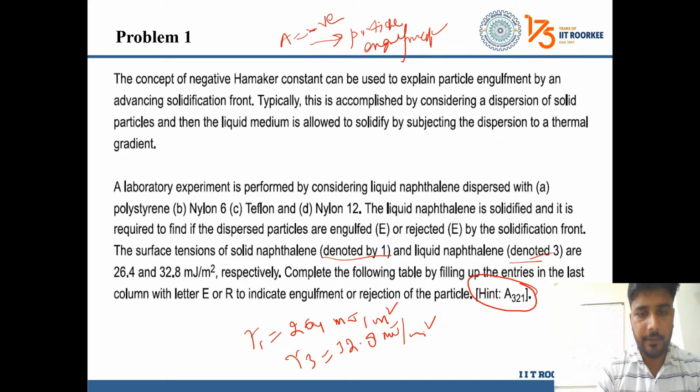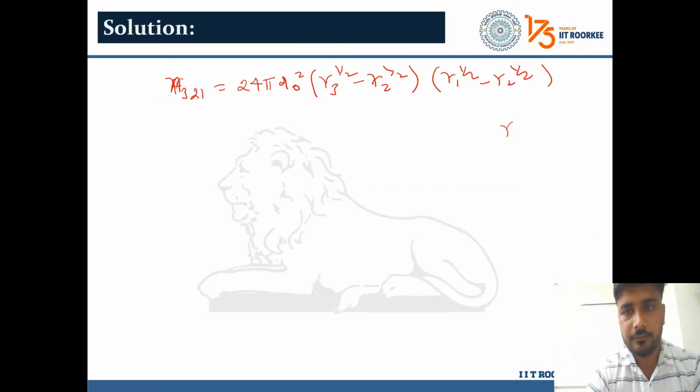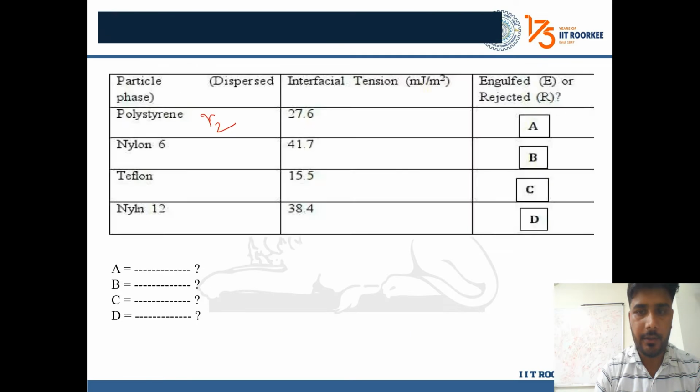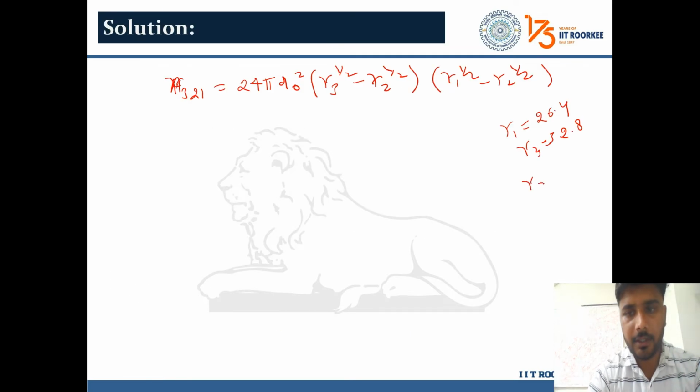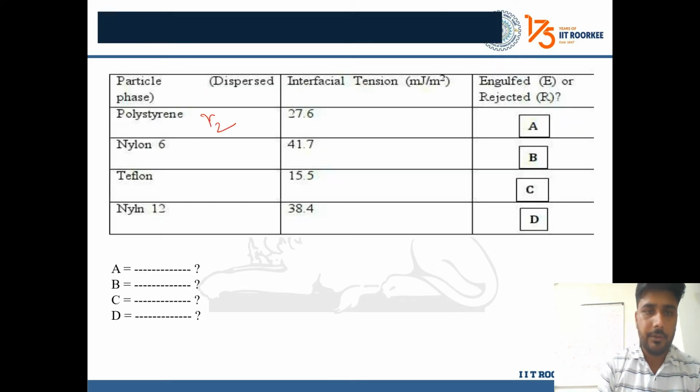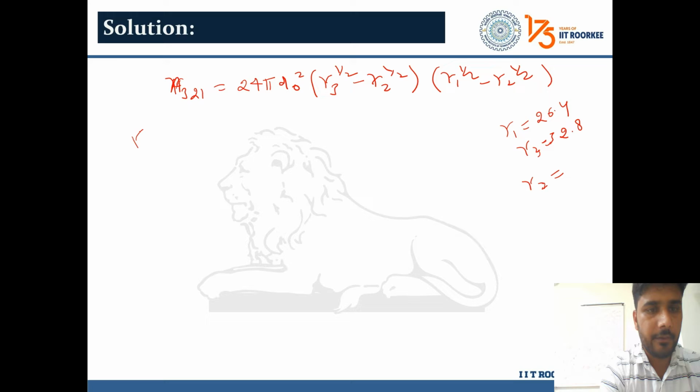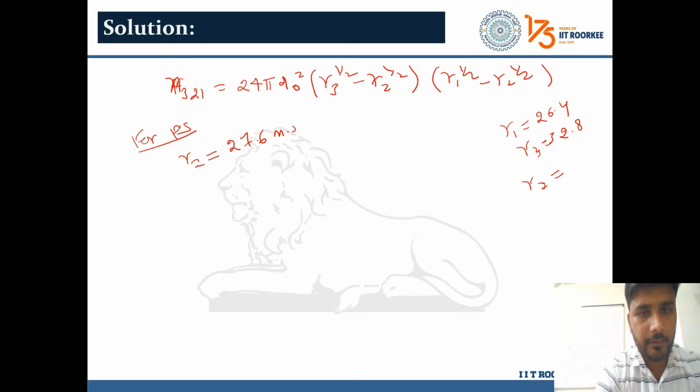Let me write these values here. Gamma 1 is 26.4, gamma 3 is 32.8, and gamma 2 you have to select on the basis of the dispersed phase you are using. For example, I am taking polystyrene. For polystyrene, the gamma 2 value will be 27.6. So you have to put this value here.